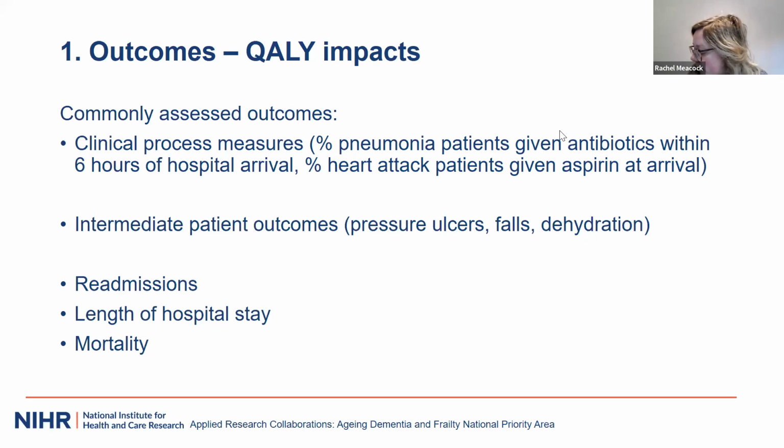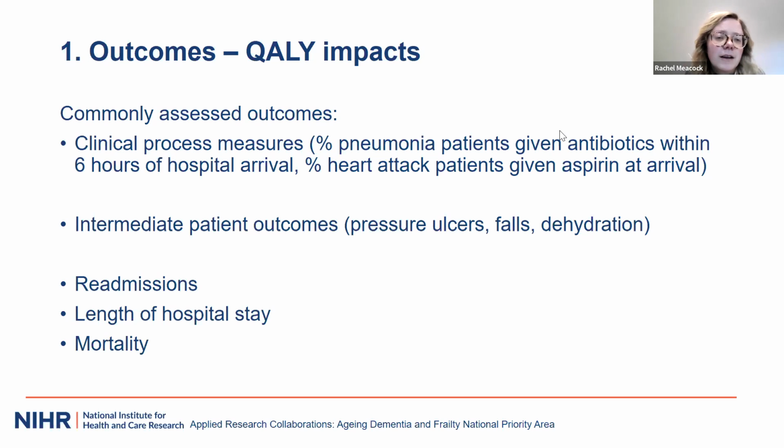For this group of patients, about aging and frailty, intermediate outcomes might be really relevant here. So things like pressure ulcers, the number of falls, the cases of dehydration might also be really relevant. For hospital interventions, we often look at readmissions and length of stay, both because they are relevant outcomes for the system and for patients, but also because they're really easily available in the data.